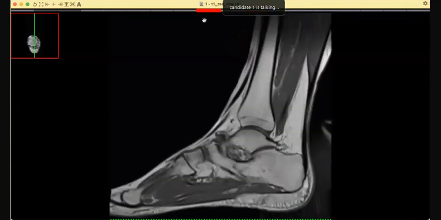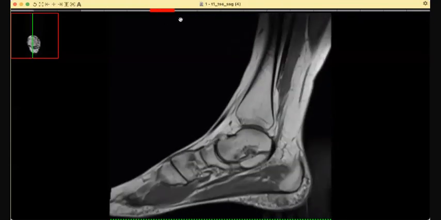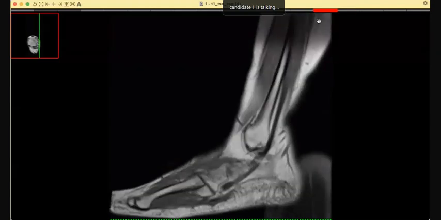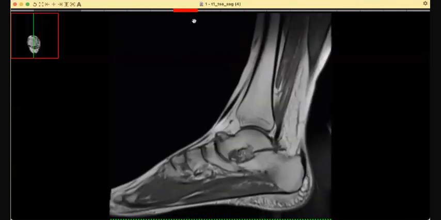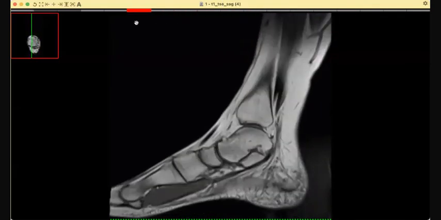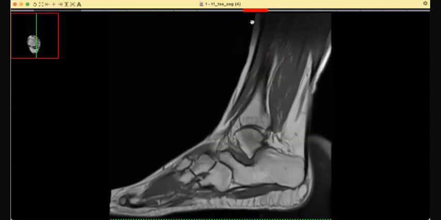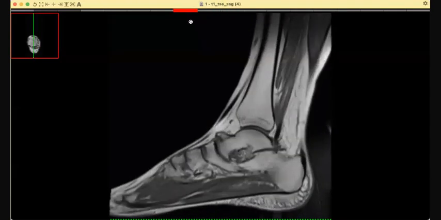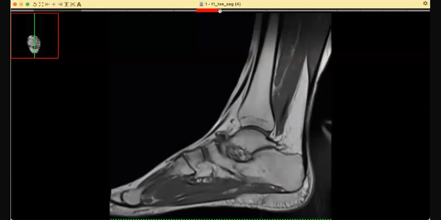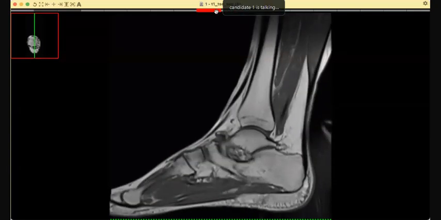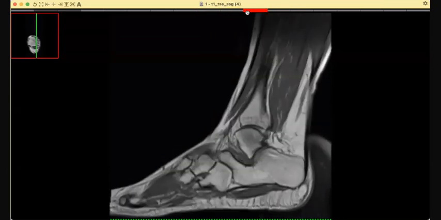The subcutaneous tissues also look normal. Just having a look at the heel and the muscular components, again unremarkable. So okay, look at the calcaneonavicular joint. Calcaneonavicular. Okay. I would expect a joint space.